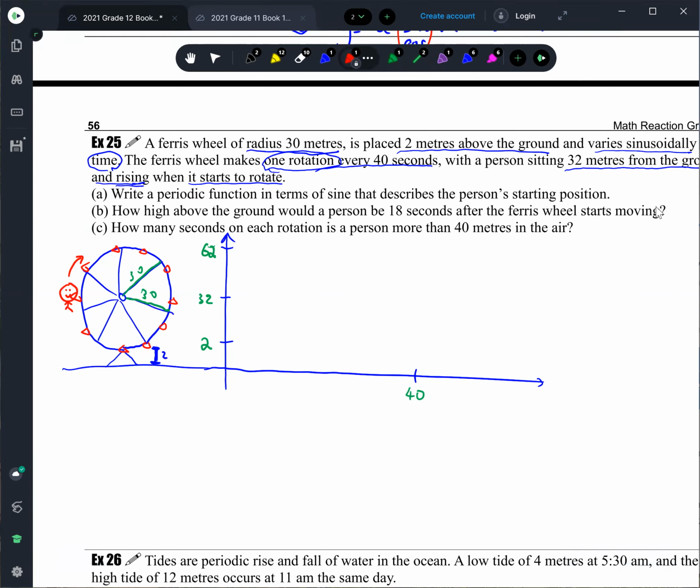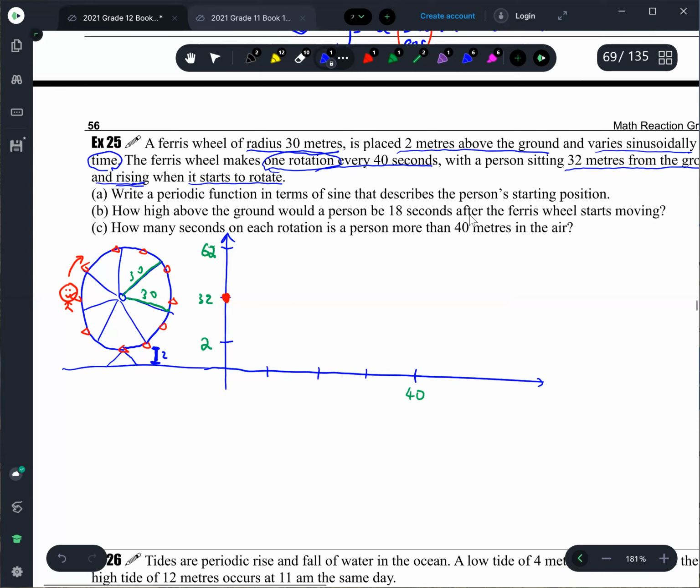Okay, so your starting point should be here, divided into 4 equal parts, right? And then complete the graph. Okay, so that's what you need to do for each word problem.